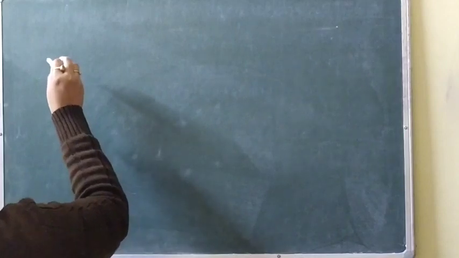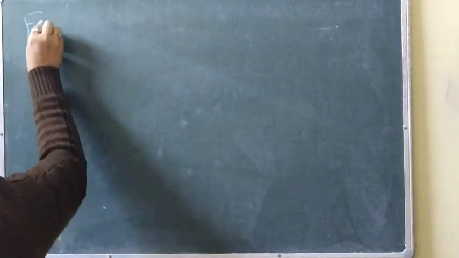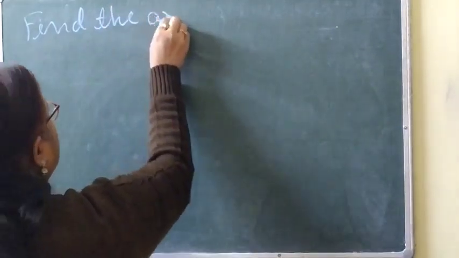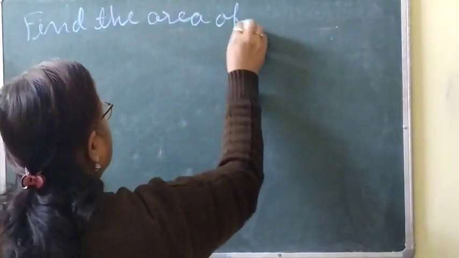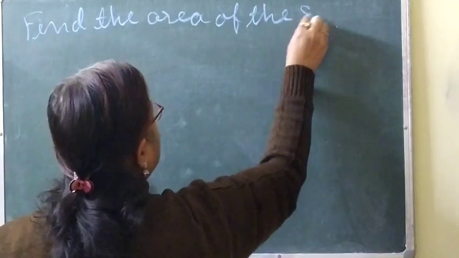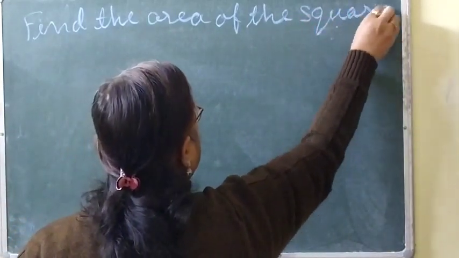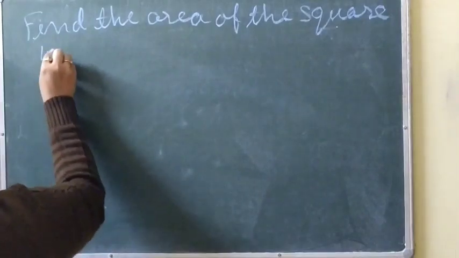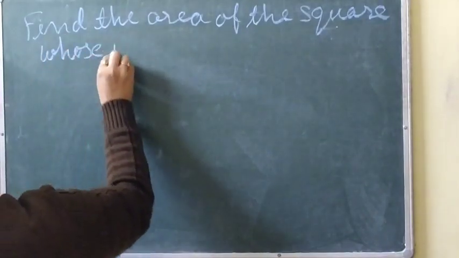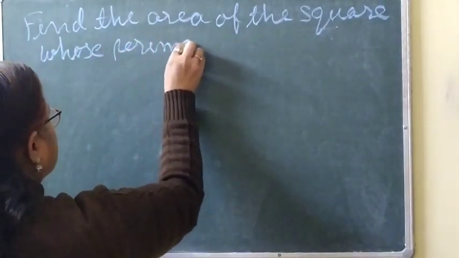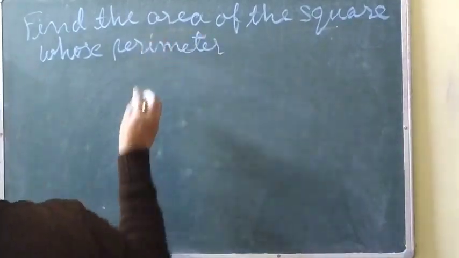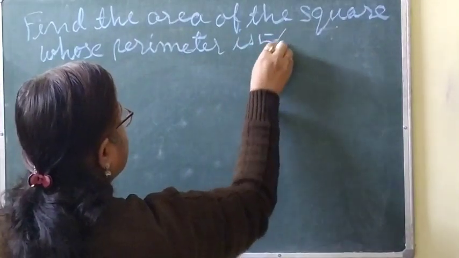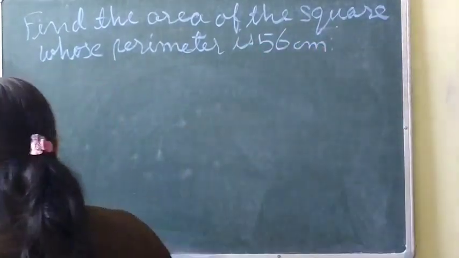Find the area of the square whose perimeter is 56 centimeter.